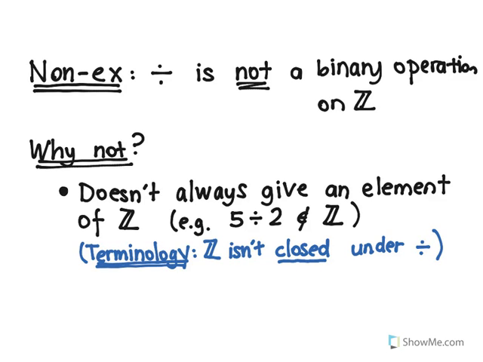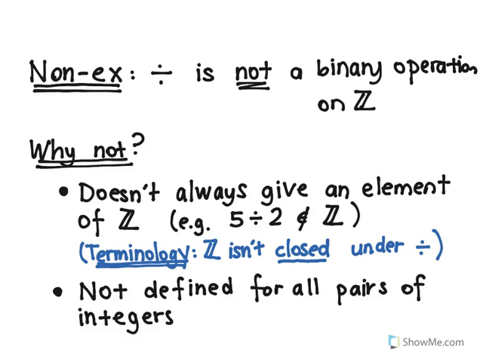The mathematical terminology we'll use for this phenomenon, by the way, is we'll say that Z isn't closed under division. Again, that means that I could start from two elements of Z, but when I combine them under division, the result may or may not still be in Z. And then the second reason, by the way, that division is not a binary operation on Z is that it's not defined for all pairs of integers.